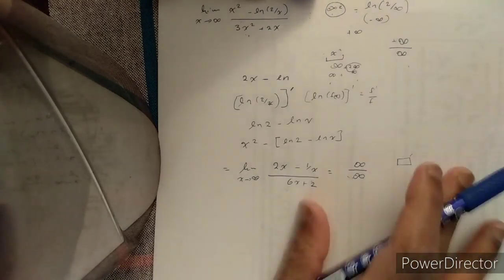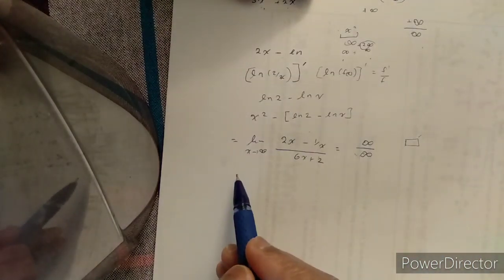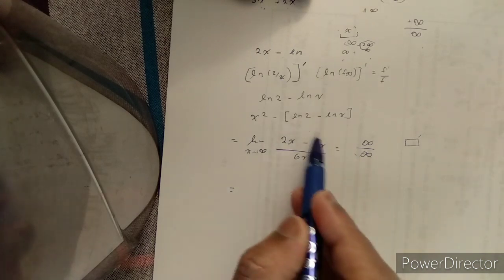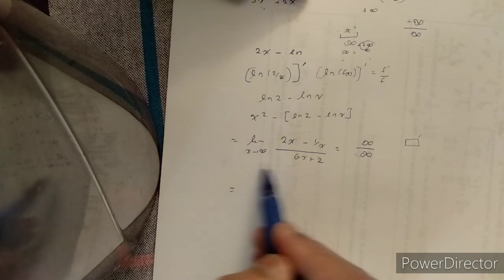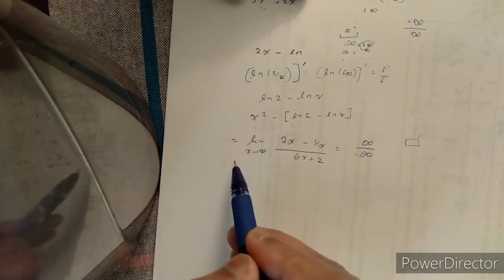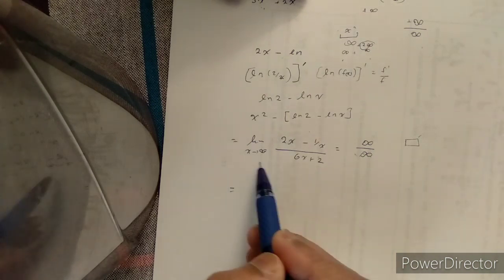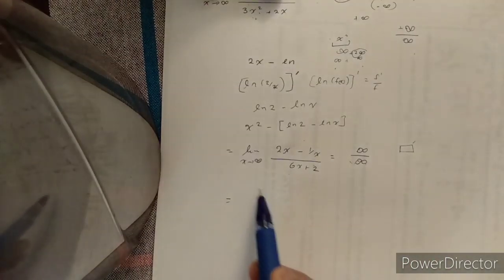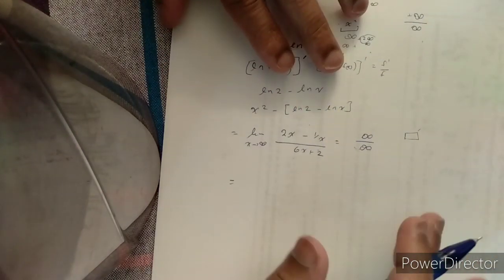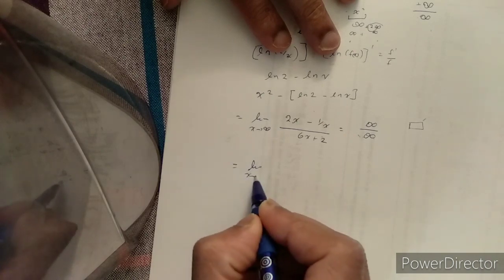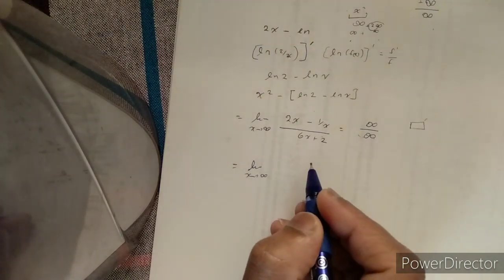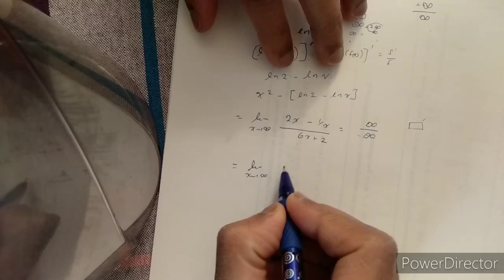So what we can do is once again apply L'Hopital's rule. That means we can consider this second stage of the original problem as our new original question, and then just apply L'Hopital's rule once again.